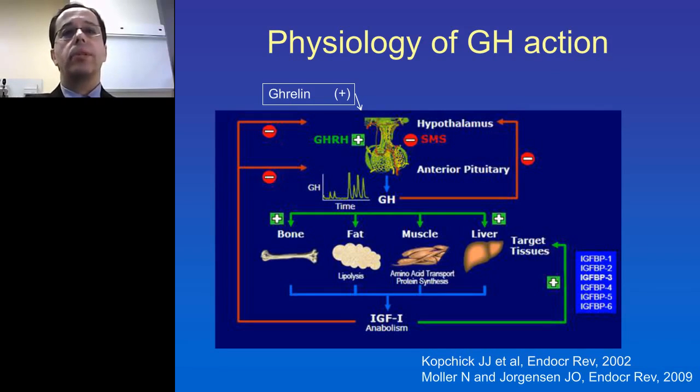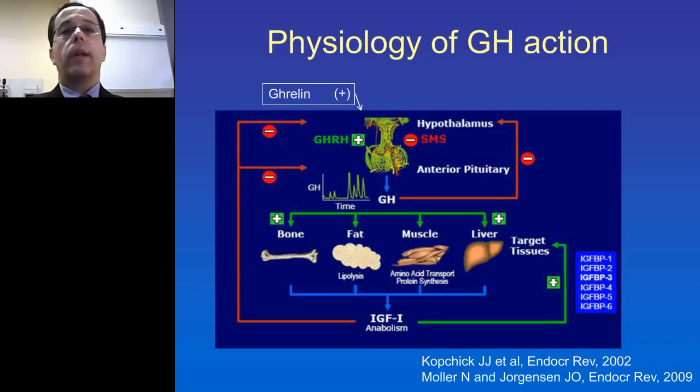Once growth hormone is secreted in the circulation, it goes everywhere in the body through the bloodstream and has multiple effects, as you can see, on several tissues, including anabolic effects on bone, muscle, and liver, lipolytic effects on fat, and also anti-insulin effects on several tissues, including muscle and liver.